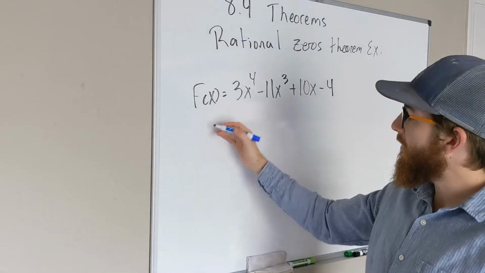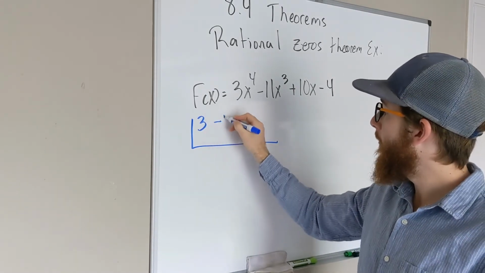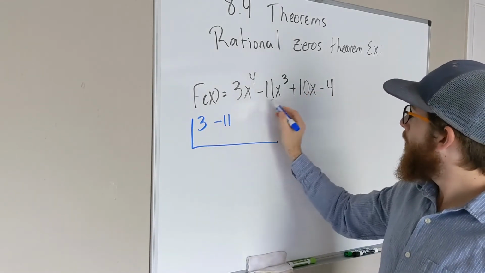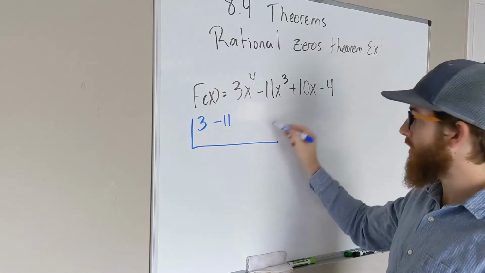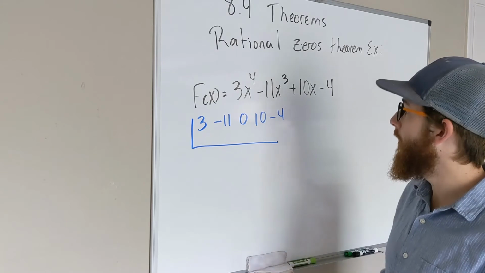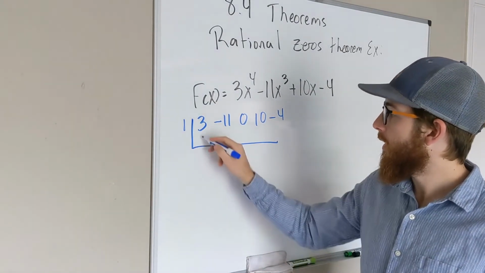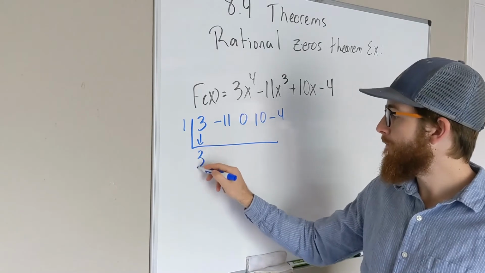So synthetic division, I need to remember I have 3, negative 11, but I don't have a piece in between these, so I need 0, 10, negative 4. Okay, and because 1 is simple, I'll do 1 first. Okay, so bring down the 3.